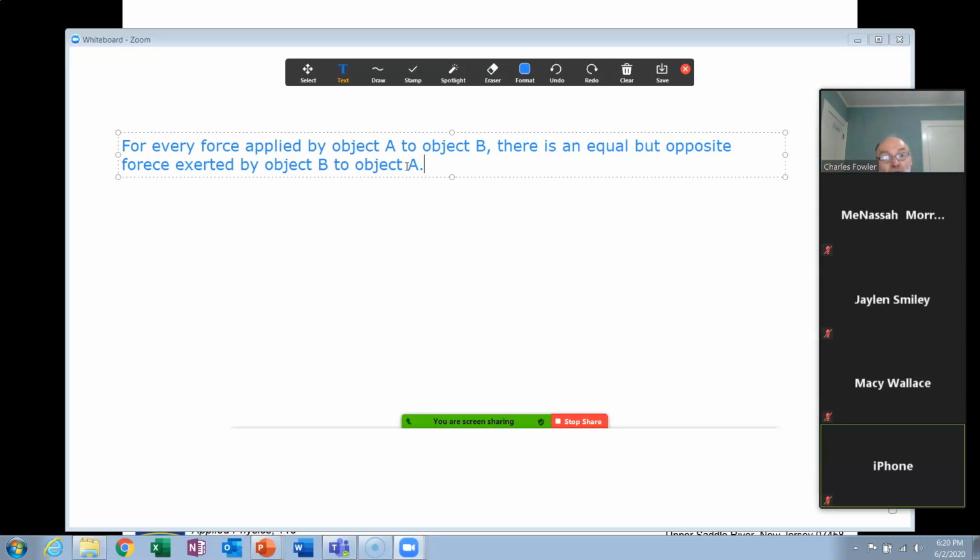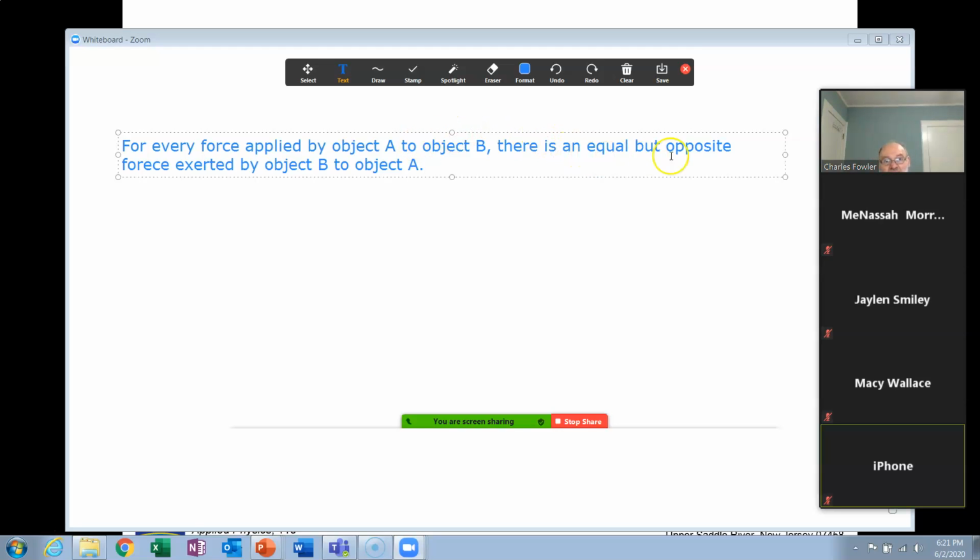That means the book was pushing against my finger, okay? That's an example of action-reaction. The action was my finger on the book. The reaction was the book on my finger. And the way Newton said it, or I understand that he did, I wasn't around then, he said, if I push on a rock with some force, the rock pushes back on me with the same but opposite force.